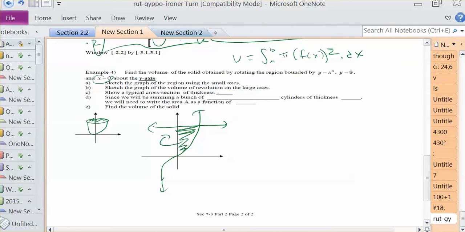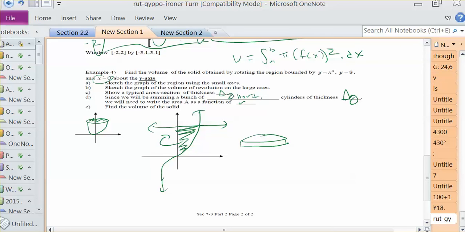A typical cross-section now will be delta y, because our disks are going to be stacked horizontally on top of each other. So we're going from bottom to top, summing a bunch of horizontal cylinders of thickness delta y.